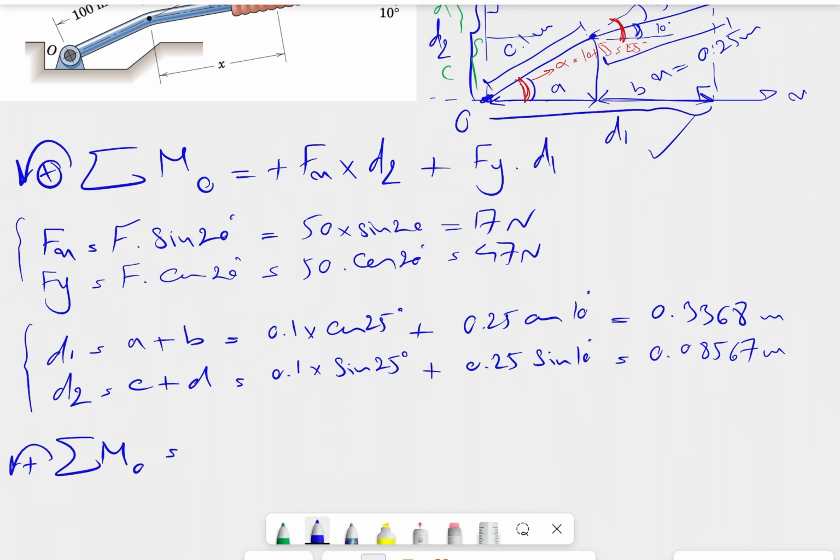So we simply have Fx, which was 17, times D2, which is 0.08567. And we have Fy, which we found is 47 times 0.3368. And if we find this, we'll get 17.29 Newton meter.